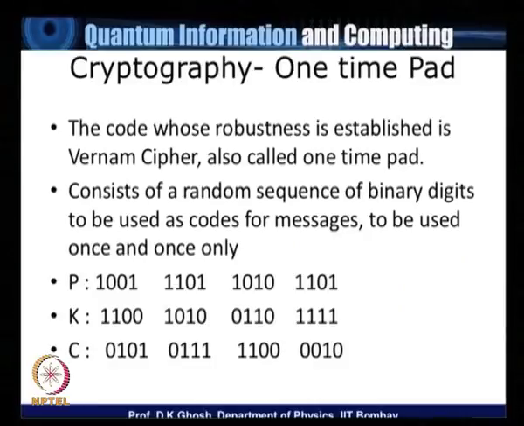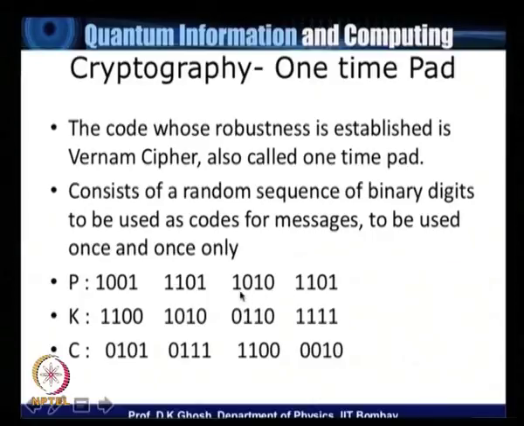So what happens here is this, look at this line here. This is the code that I want to send: 1001, 1101, 1010, 1101. This may stand for some letters or whatever you have, but this is the plain text, that is why P, that is what I want to send.